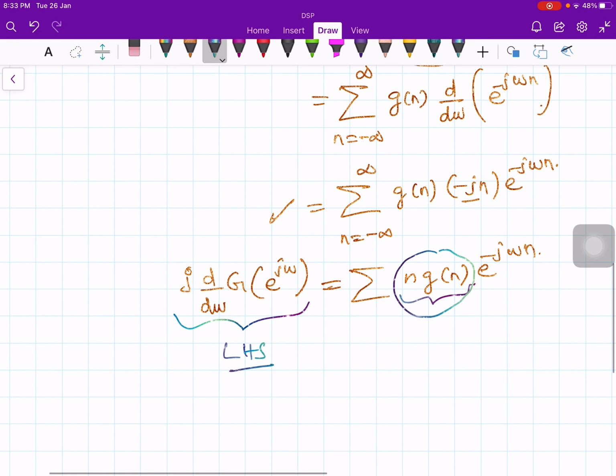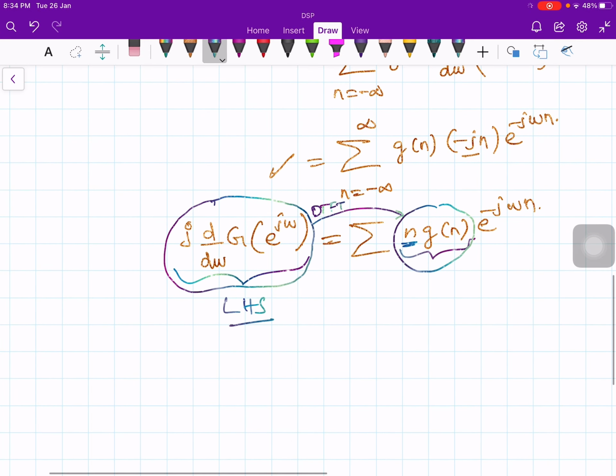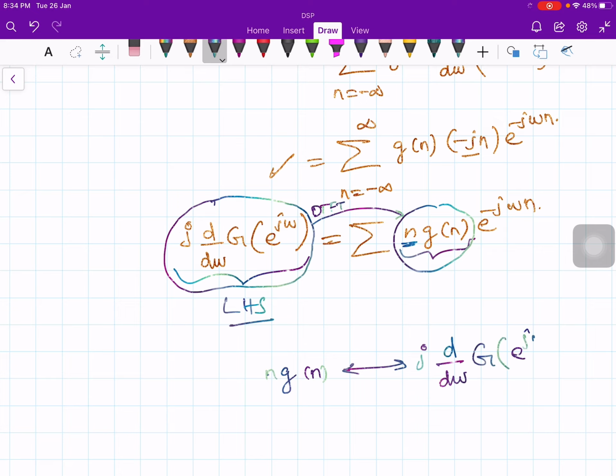In the final expression, instead of g of n, I have one more extra term n here. Therefore, j times d by d omega of G of e to the j omega is the DTFT of n times g of n. Similarly, all other properties follow simply from the definition. So I suggest that you carry out this exercise carefully for the other properties also.